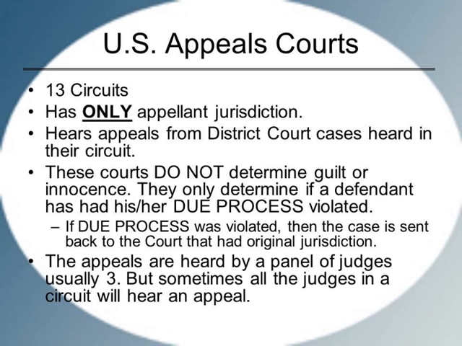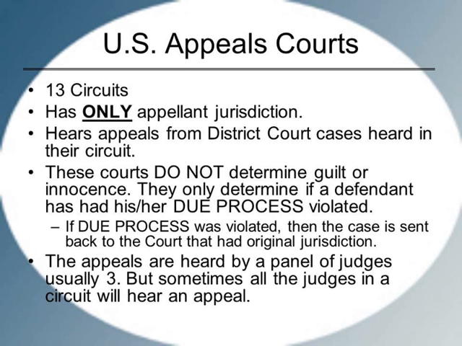Again, if I appeal my decision, I don't get to pick the appeals court that hears my appeal. The appeals court that's going to hear my appeal is going to be the one in which my original case was heard. In the appeals court process, there are usually 3 judges that will hear an appeal.